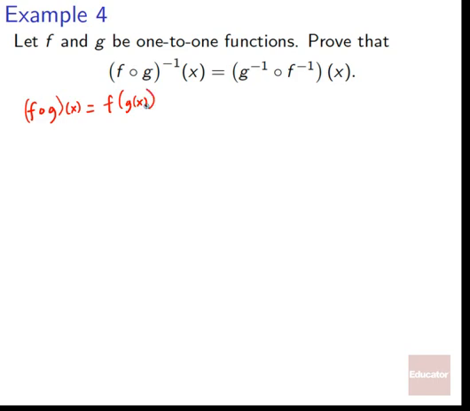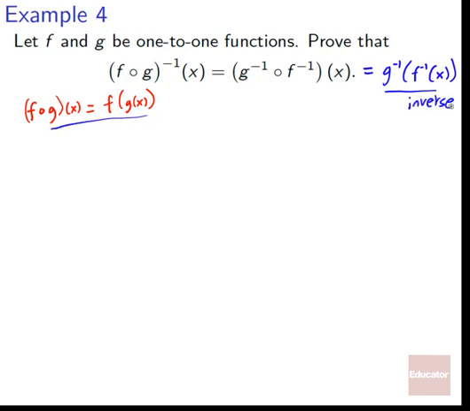Now, I said before, it makes things always easier to see it in that format. So what we want to show is that g inverse composed with f inverse would be g inverse acting on f inverse acting on x. So we want to show that this guy here is an inverse to that guy over there.